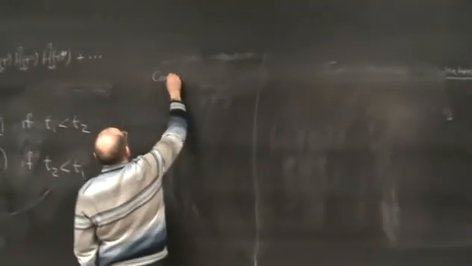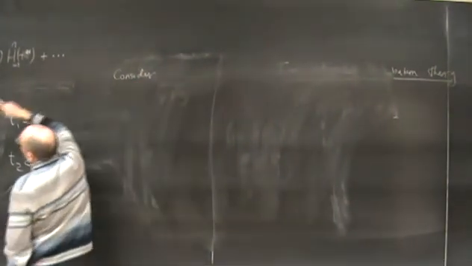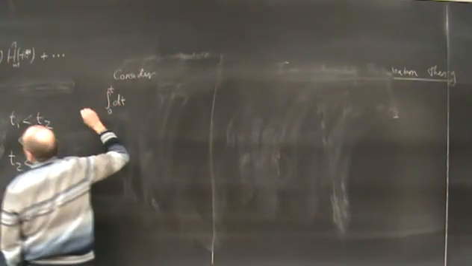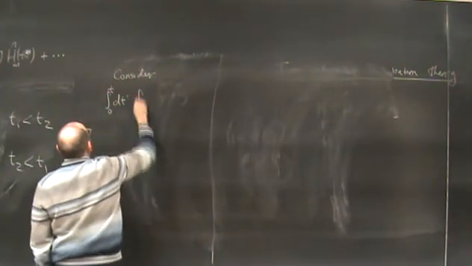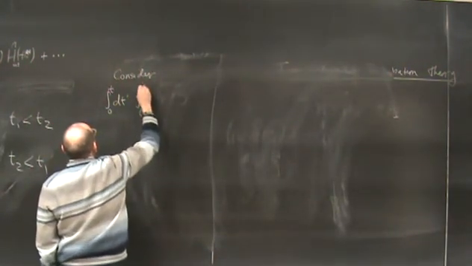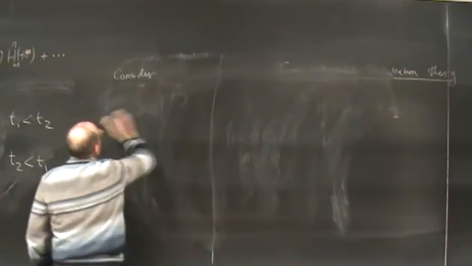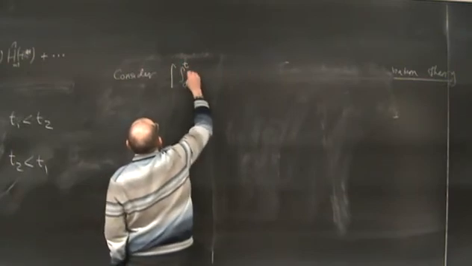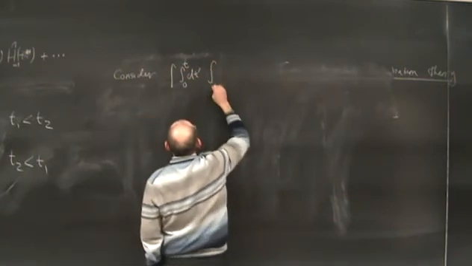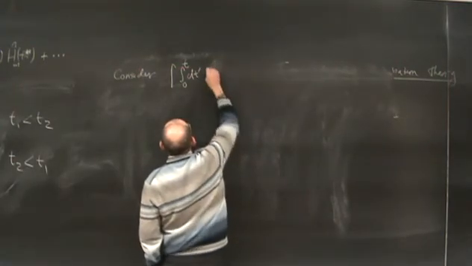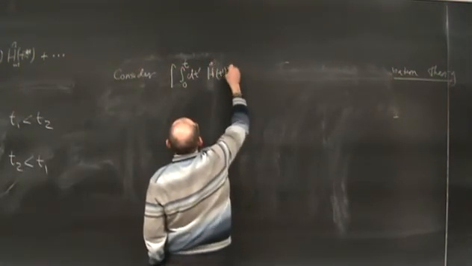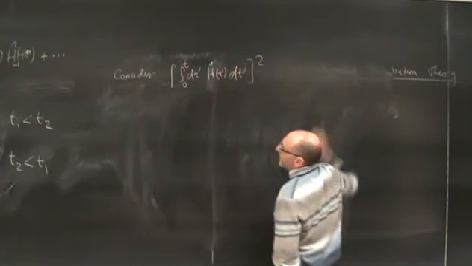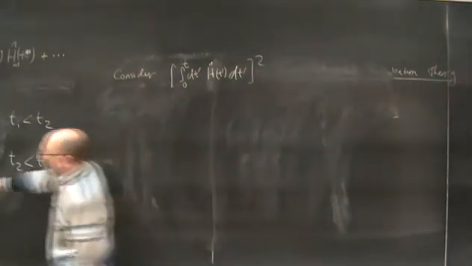So let us consider what we have over here. The integral from 0 to t, dt prime, let's consider this. Okay, that's the second order term in this power series.